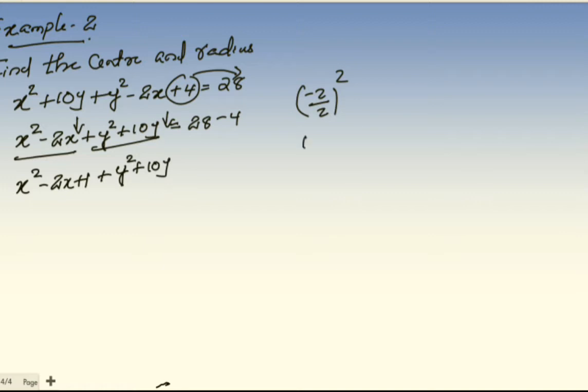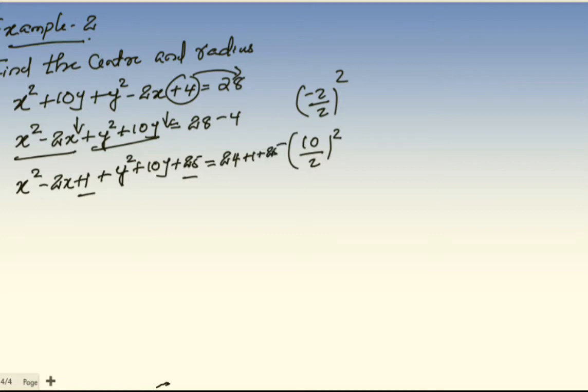Here b is 10 divided by 2, then square it. So it's going to be plus 25. Don't forget those two numbers, you have to write it in the other side also. So what will be in the right hand side? 28 minus 4 is 24. Then plus 1, then plus 25.